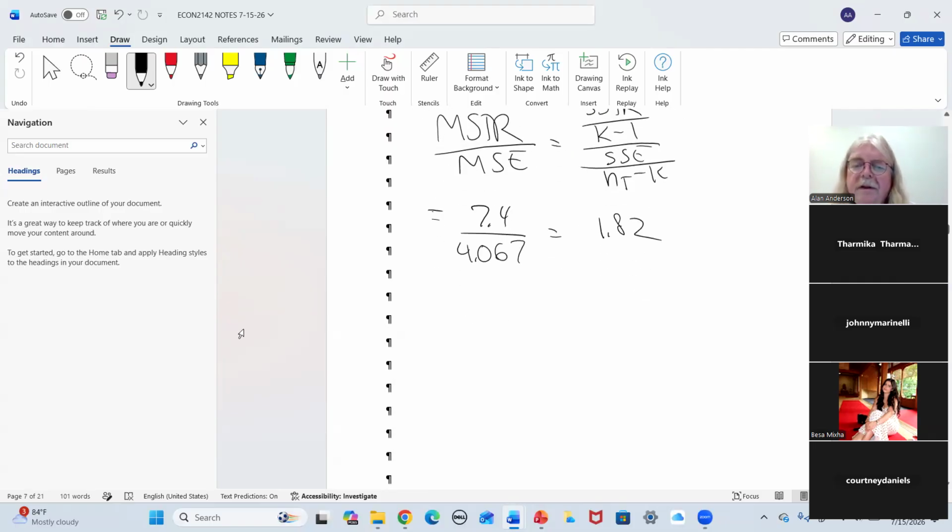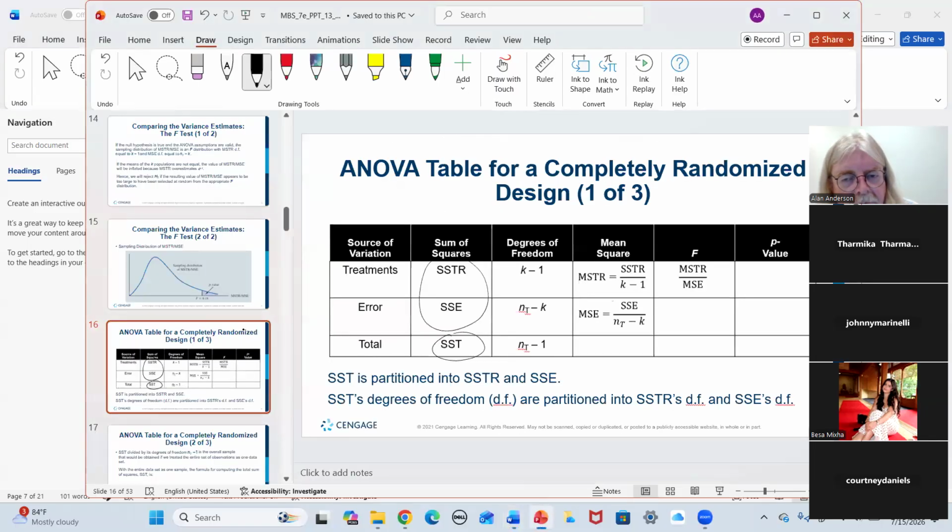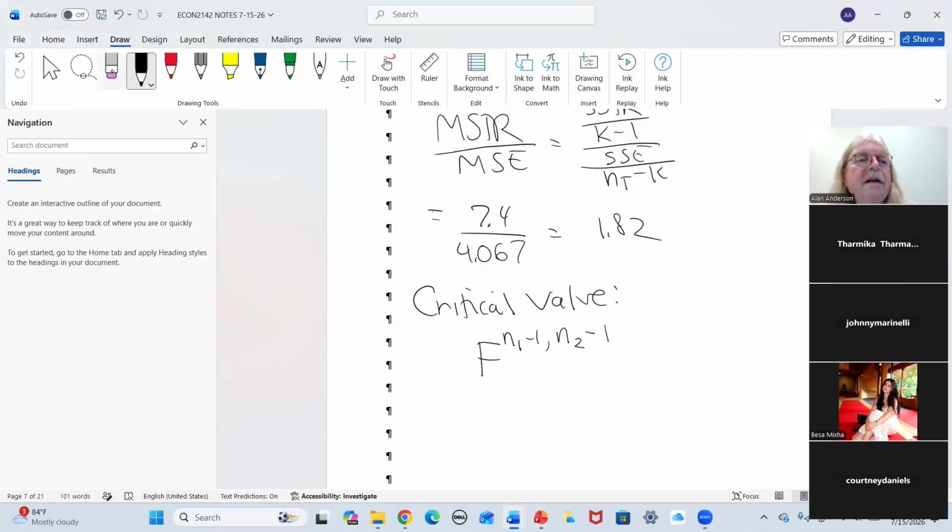Now, what do we compare it with? Sorry, no, that's not right. I was thinking of a different example. It's K minus 1 and NT minus K, alpha.